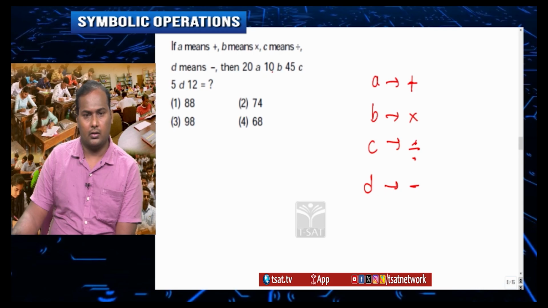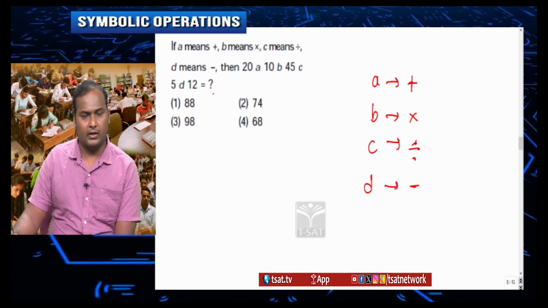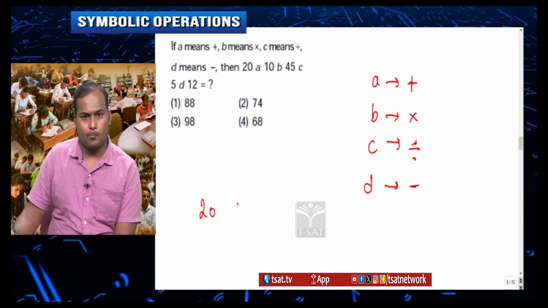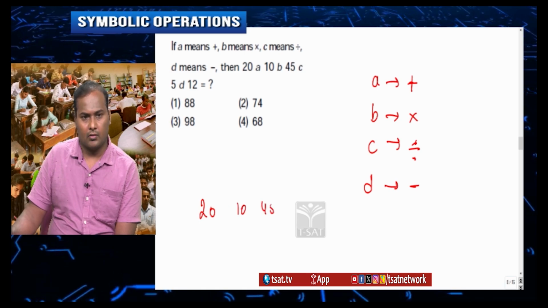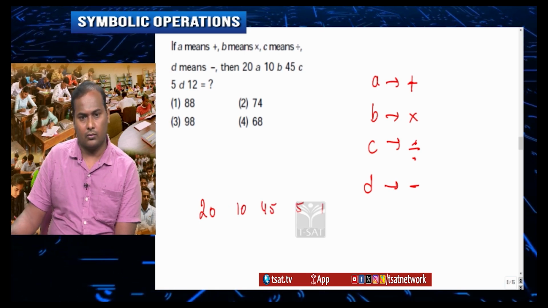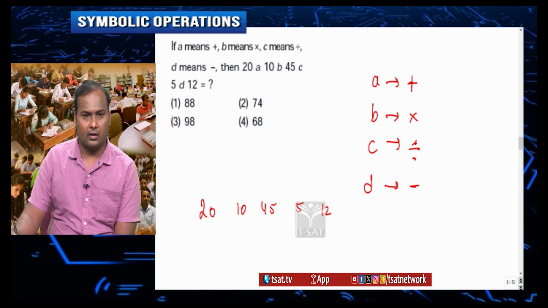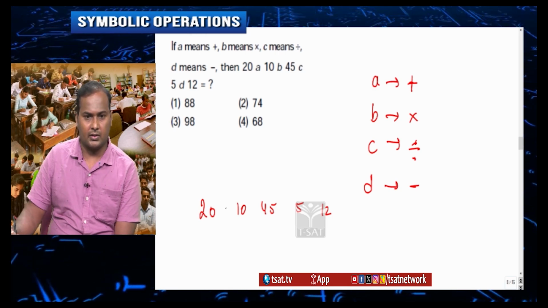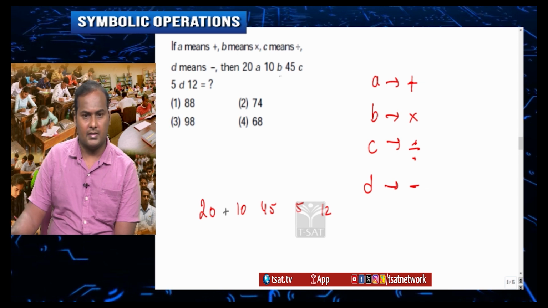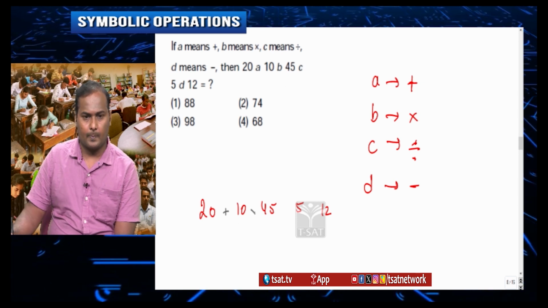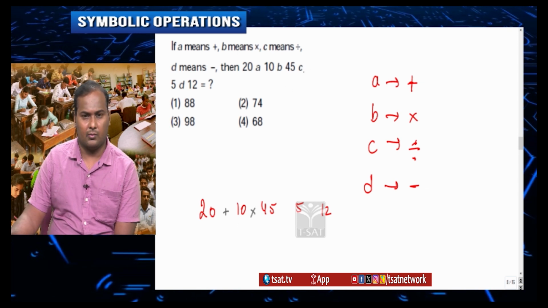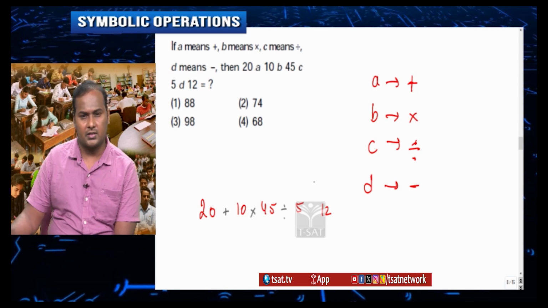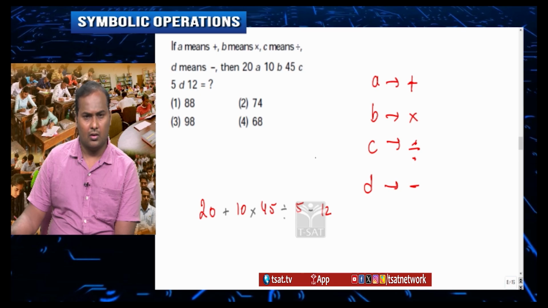Then 20A, 10B, 5C, 5D, 12 is how much he is asking. So 20, 10, 45, 5 and 12. Now replace with the symbols. A means plus, B means multiplication, C means division, and D means subtraction.